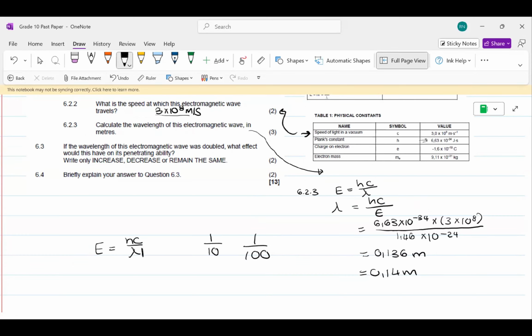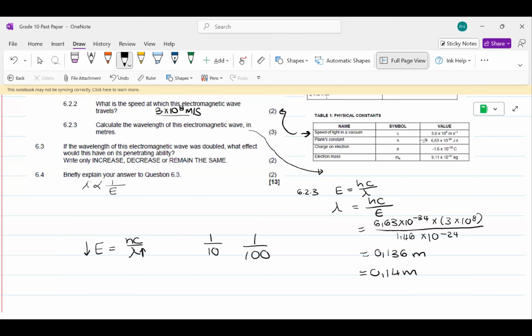So if I increase the wavelength, that means my energy is going to decrease. And the reasoning for this is just that wavelength is inversely proportional to the energy or the penetrating ability. Perfect. Well done. It does decrease.